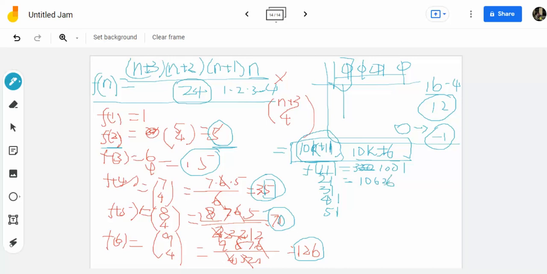We have a calculator, we don't need to do it by hand. 31 will be 46376.